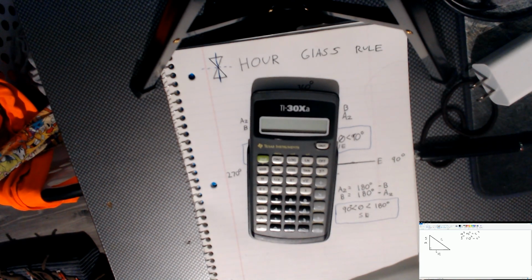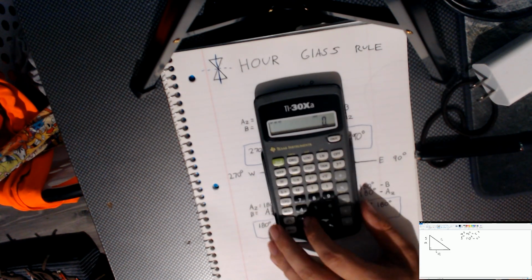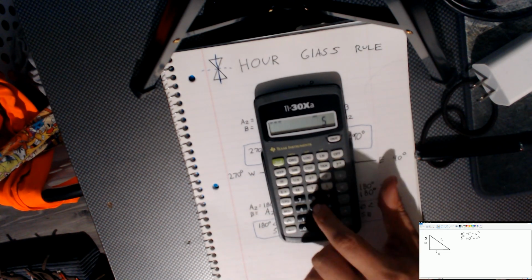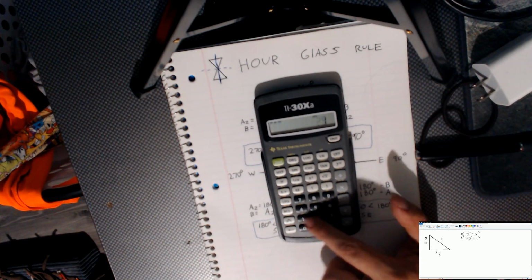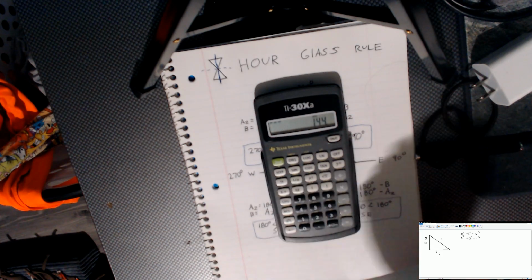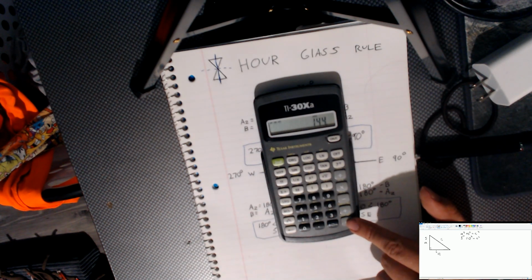So what we can say is we can go to our calculator, clear it out. We can say 5 squared, we get 25, plus 12 squared is equal to 144. We will proceed to press the equal sign.